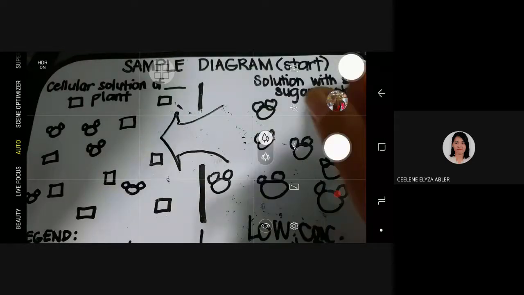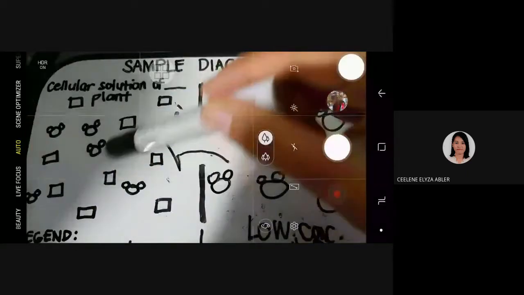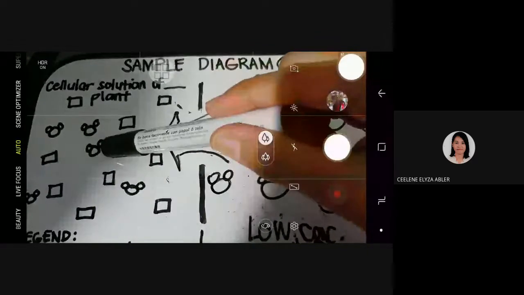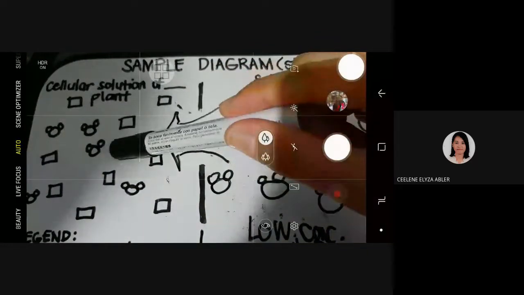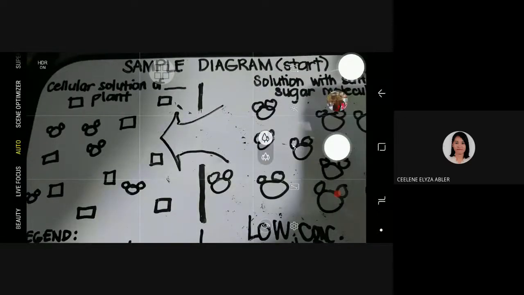Hindi lang siya because the sugar molecule is a highly polar substance na ang polarity niya actually is the one that will draw water out of the cell. It's also because of osmosis. It's because the higher concentration doon kanina sa loob ng cell, higher ang concentration ng water and walang masyadong moisture or water outside ng cell.